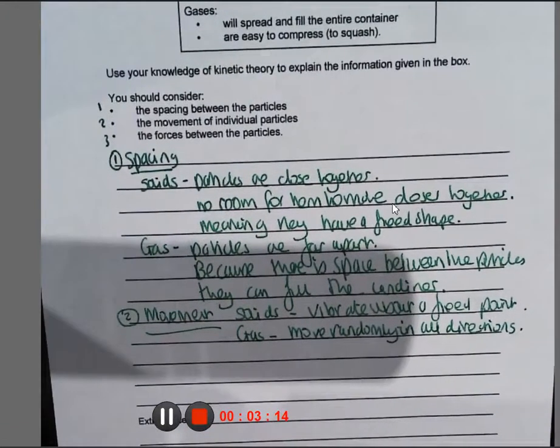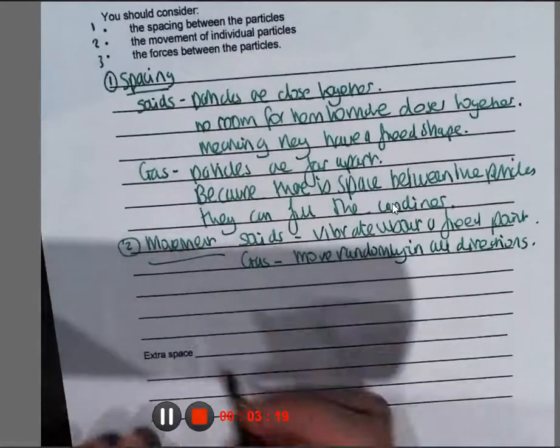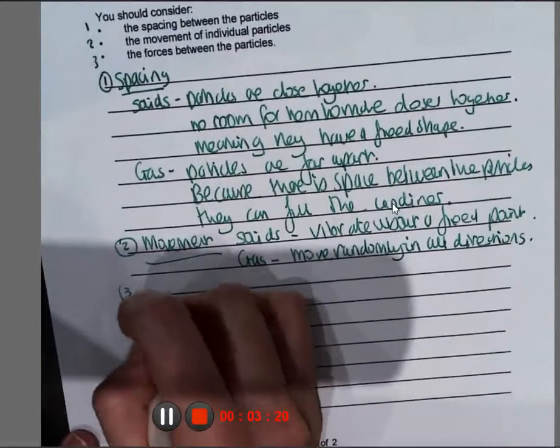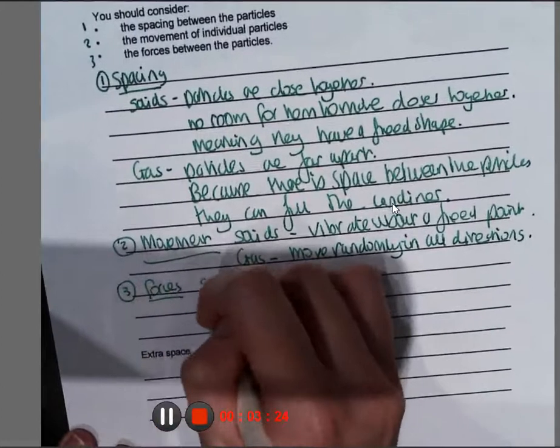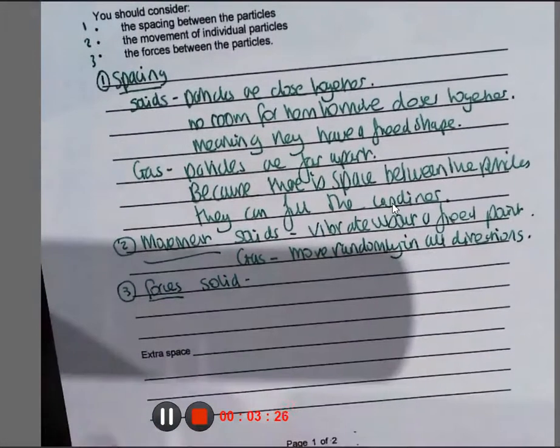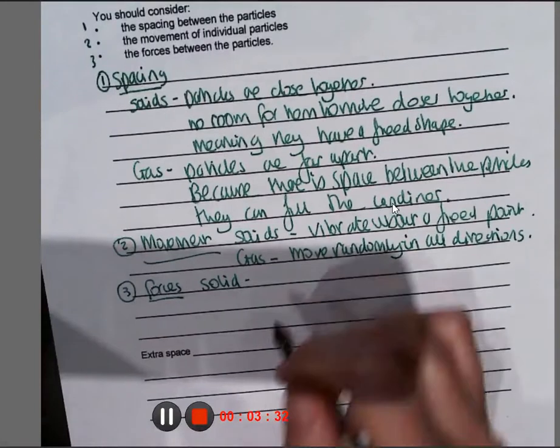And then number 3, the forces between the particles. So in a solid, there are strong intermolecular forces, so they are held together strongly.